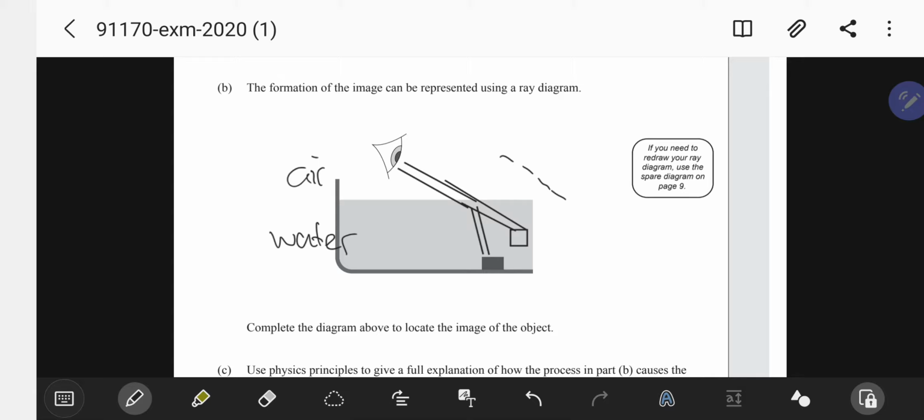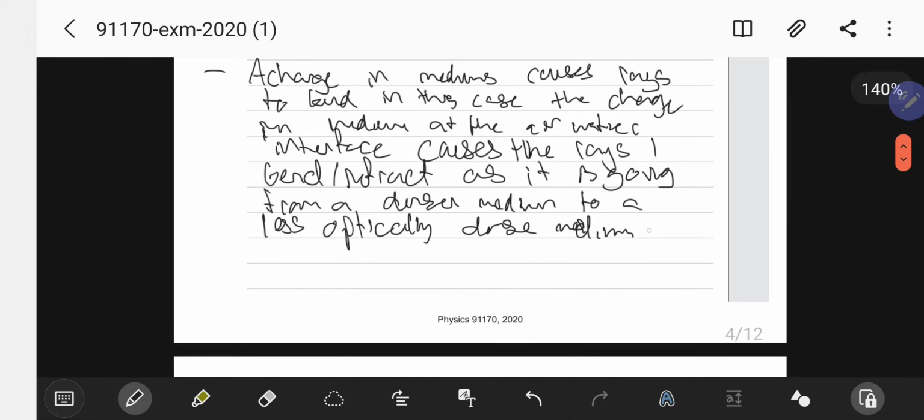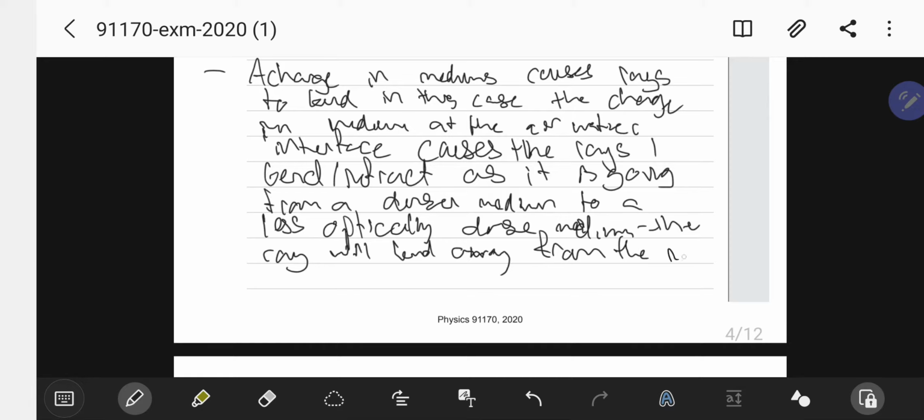So since it's going from here, there's a normal line. The ray will bend away from the normal. This is really messy, but I'm sorry. The ray will bend away from the normal.